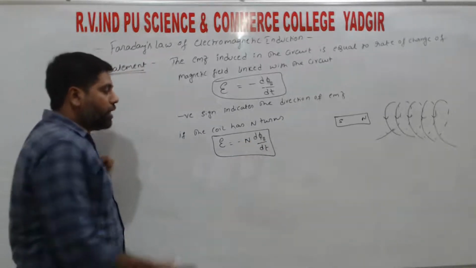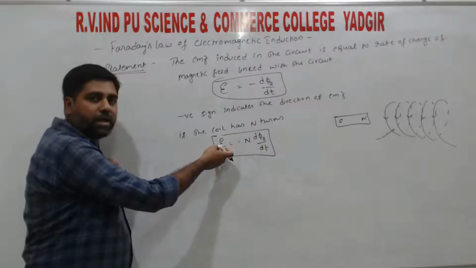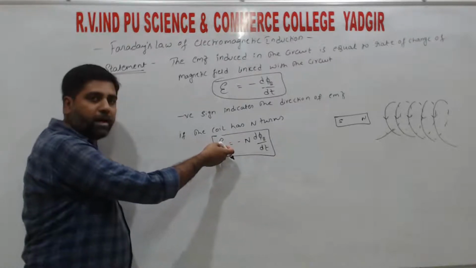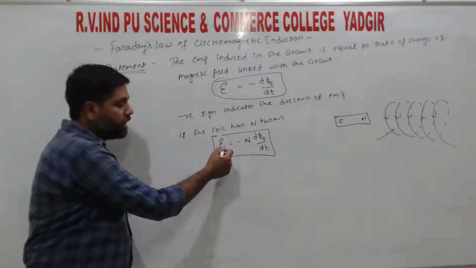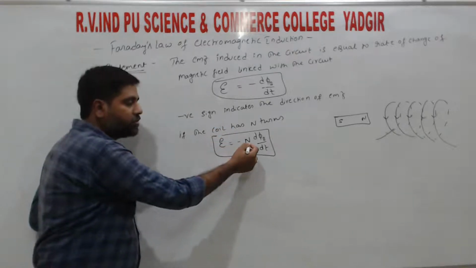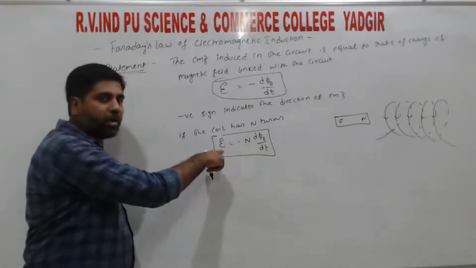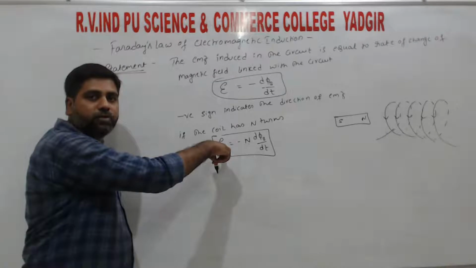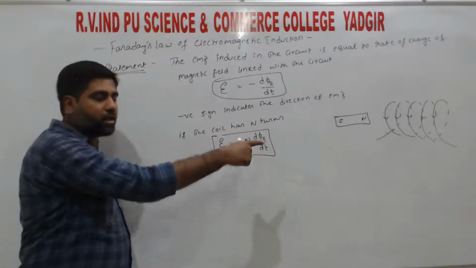So when and how can we increase the induced EMF? Here EMF is being generated. When does this EMF increase for us? Here if you observe, E is directly related to the number of turns. So as we keep increasing the number of turns, the induced EMF increases, and the current flowing in the circuit also increases, right?